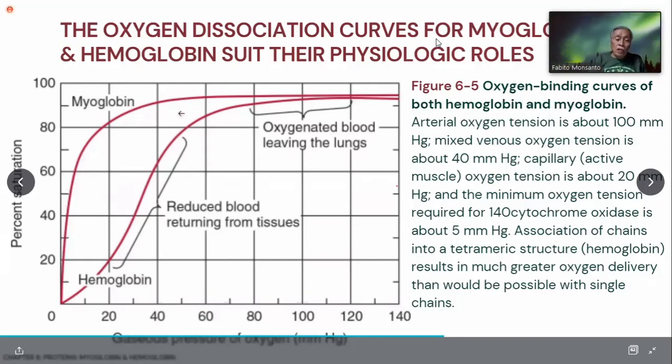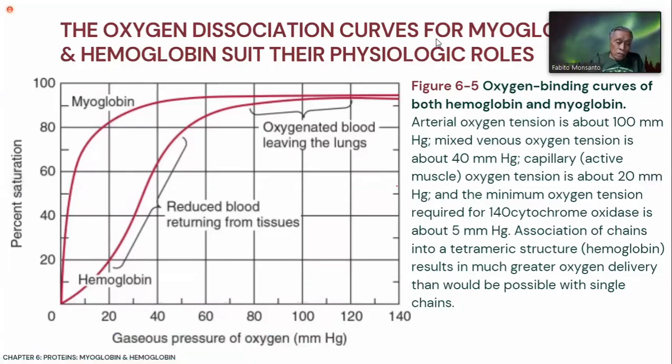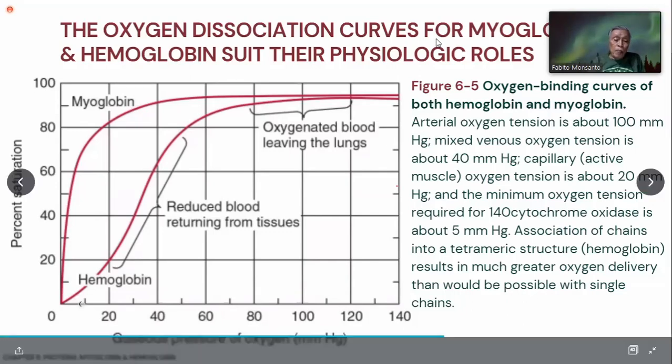Your hemoglobin is made up of 4 subunits, so each subunit has a heme molecule. So there will be 4 molecules of heme, and the heme molecules are not bound to oxygen at the same time. So that the curve shows a sigmoidal curve.